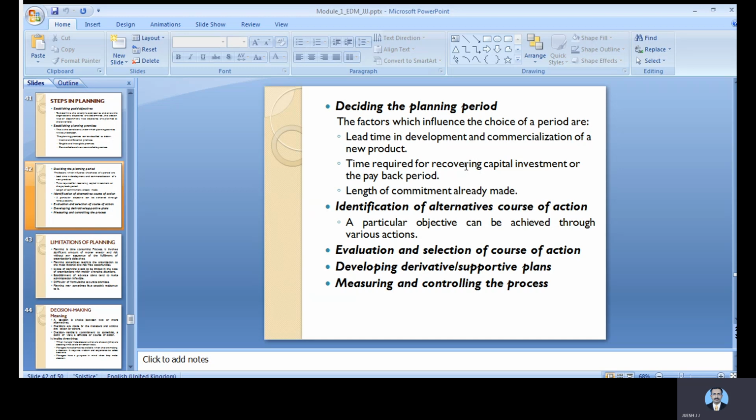Then the time required for recovering capital investment, or payback period. It's very important to structure the capital at every interval of time, and you have to make sure that when you are investing, how much has to be invested at the initial phase of development, and how much further on has to be put in, so that you get a better outcome at the end.